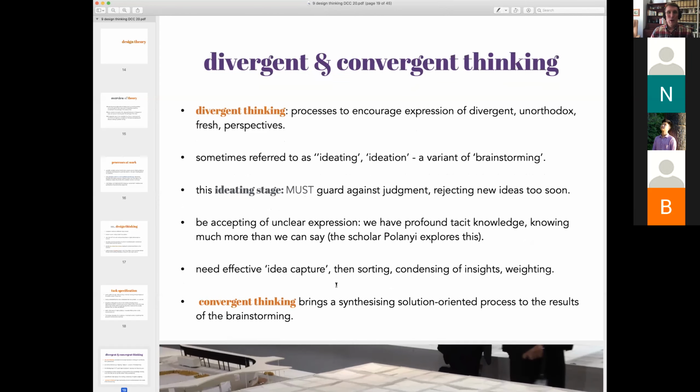So you have to not only be open to all kinds of out there ideas, but also unclear expression. People are always going to be very suspicious of ideas that are very neatly expressed, because they're probably not very fresh.